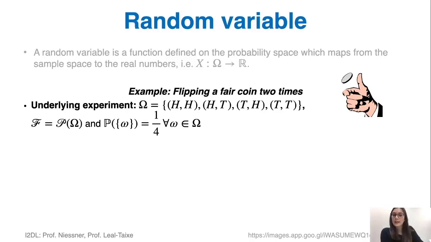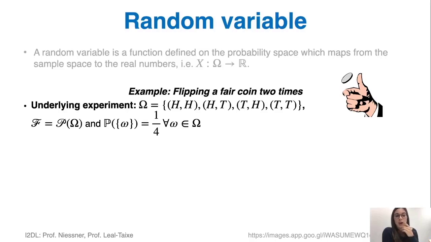If I do it twice, the outcomes I can have are 2 times a head, or in the first flip a head and then a tail, or in the second flip a head and the first one a tail, so head-tail and tail-head are 2 different elements, or I get 2 times tail. So these are the possible outcomes of our experiment here.